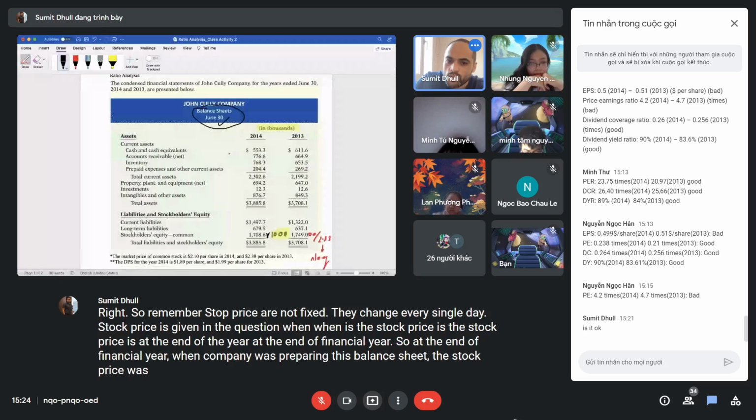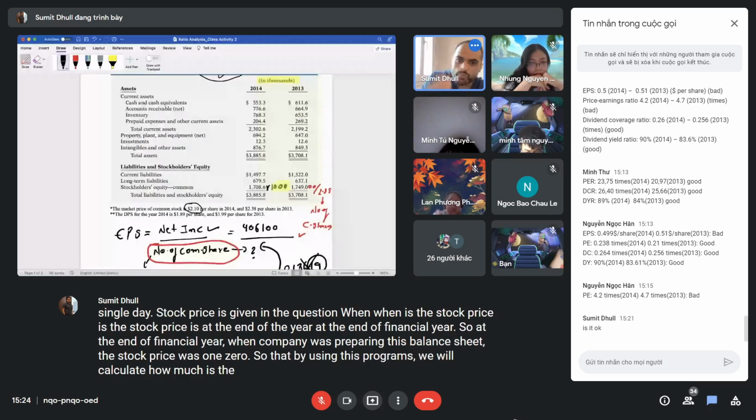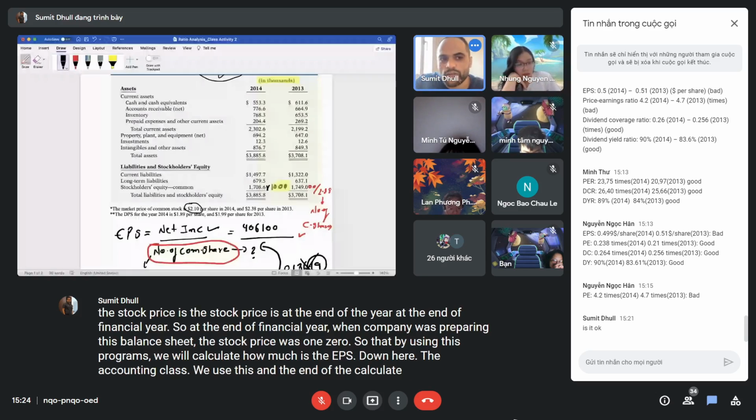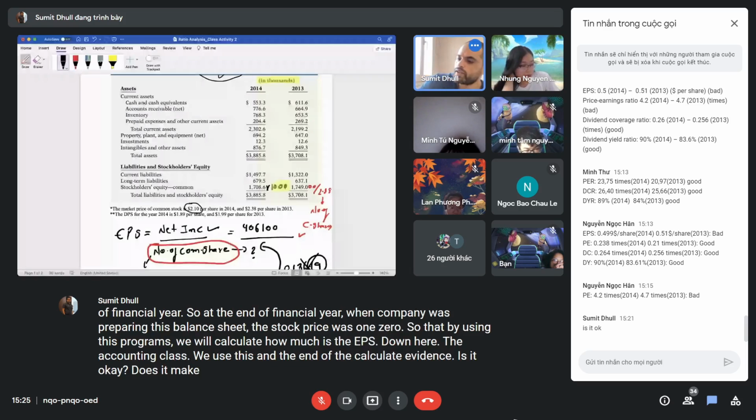So by using this stock price, we will calculate how much the EPS is. From an accounting point of view, we are in the accounting class. We use this at the end of the year to calculate EPS. Is it okay? Does it make any sense?